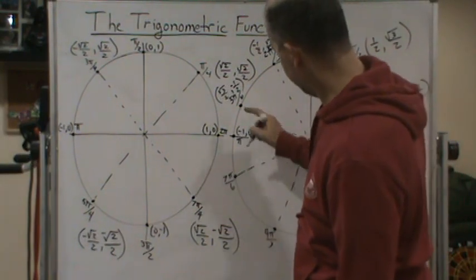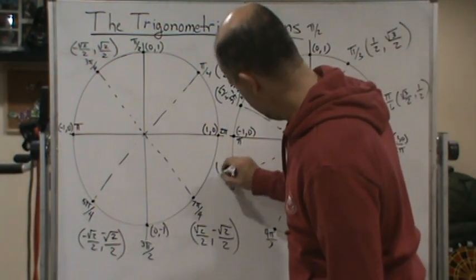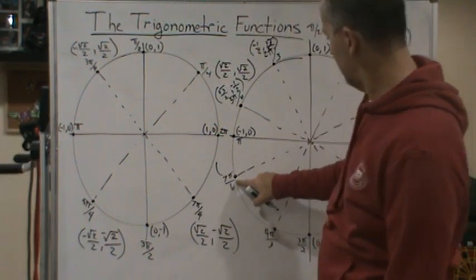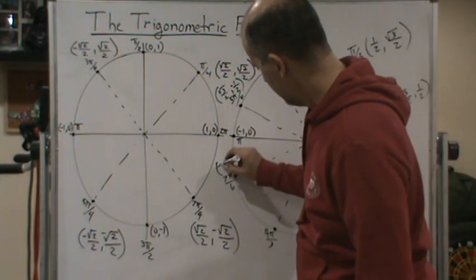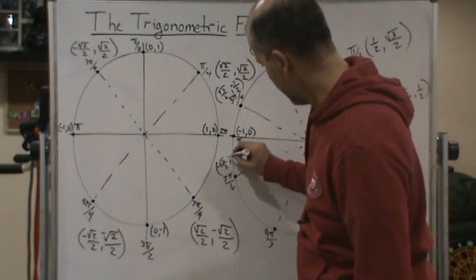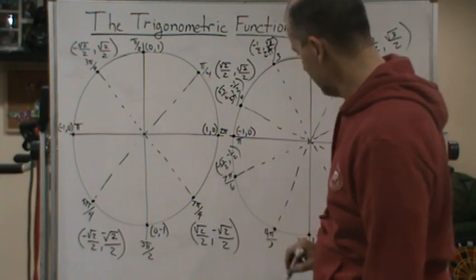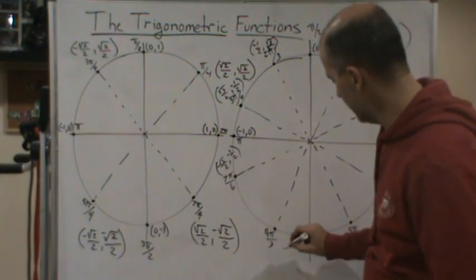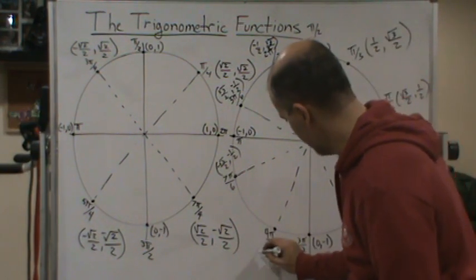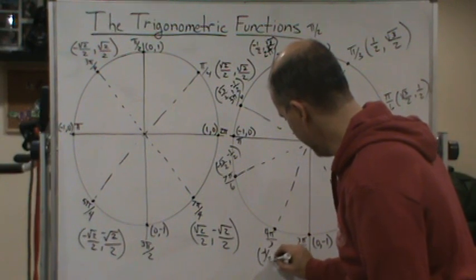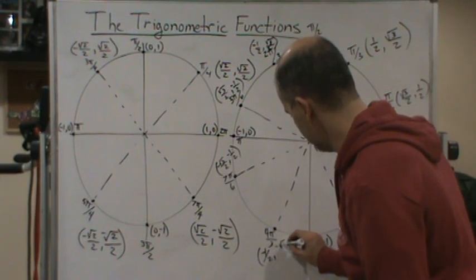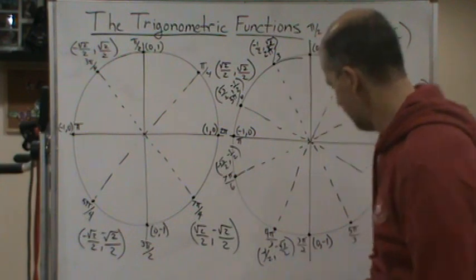So this point here is going to be negative square root of 3 over 2 comma negative 1/2. And this one, we're going to switch it, so it's going to be negative 1/2 comma negative square root of 3 over 2.